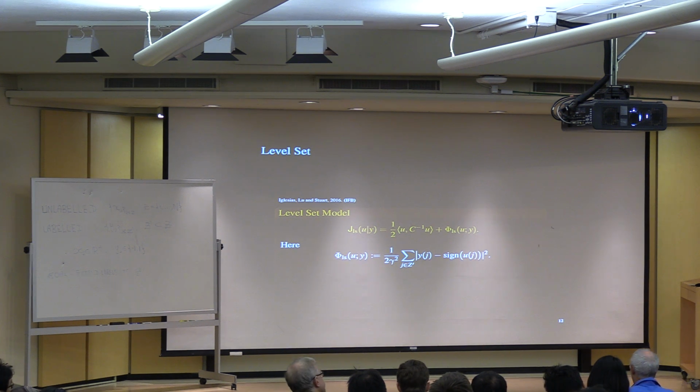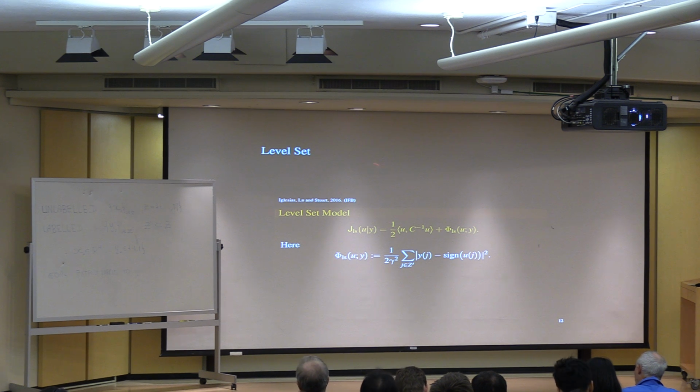It was subsequently used by Santosa to solve inverse problems for interfaces. And in a particular form that would be relevant here, we adapted it to a Bayesian formulation of inverse problems for interfaces. Here, the interface is the interface between labels plus 1 and minus 1, and it's an interface on the graph.